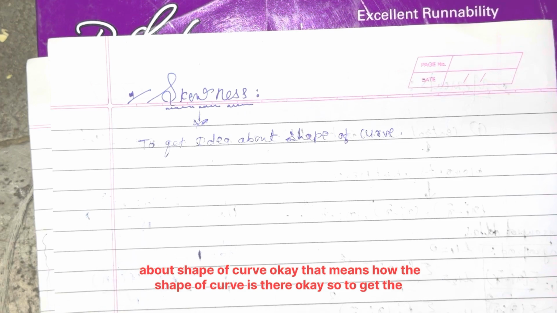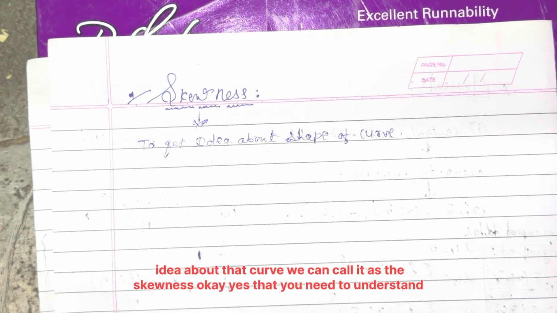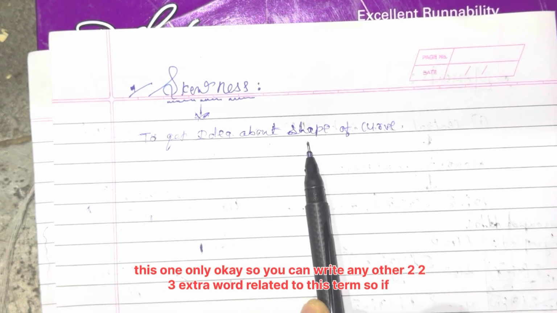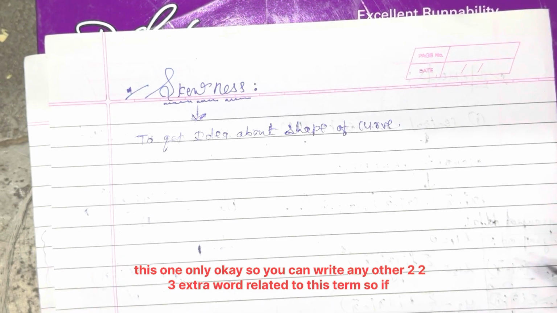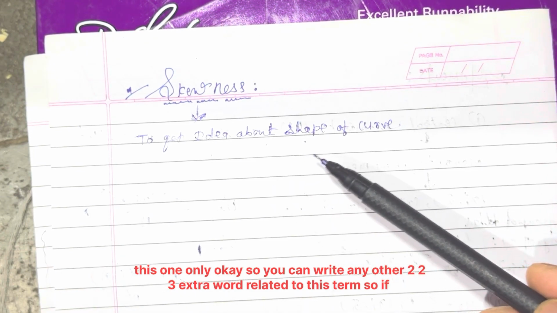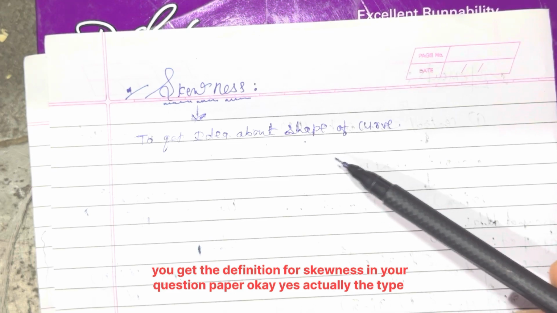That means how the shape of the curve is. To get the idea about that curve, we call it skewness. You need to understand this one only. You can write any other two to three extra words related to this term if you get the definition of skewness in your question paper.